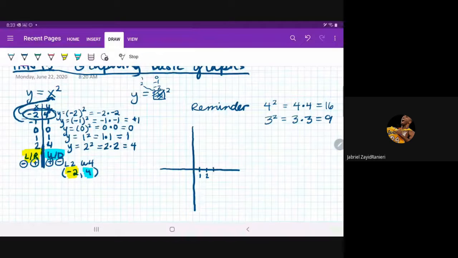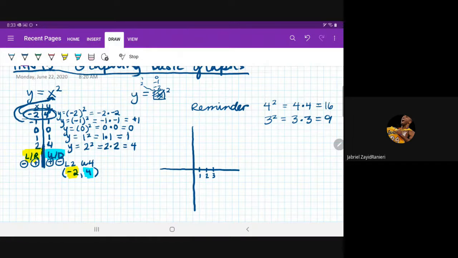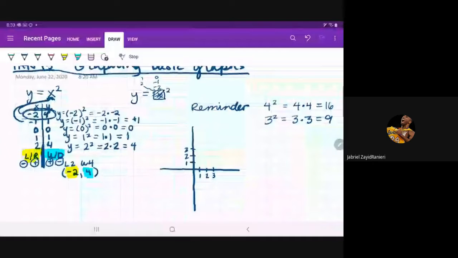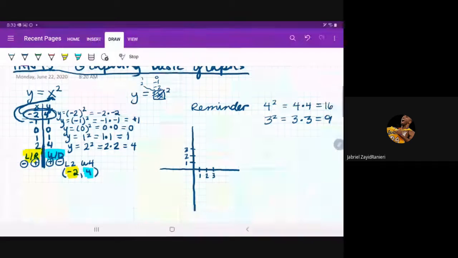I don't need you to go all the way up to 10. Just put 1, 2, 3 on the right side, and you're going to put 1, 2, 3 up. That's all you have to label for me, except it's nice to label numbers you get. So I'll show you how that works.